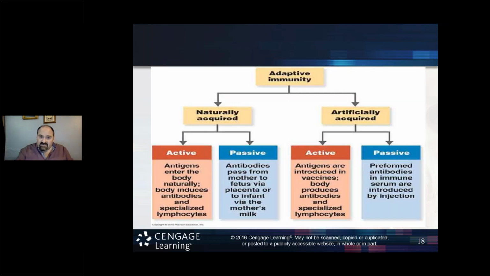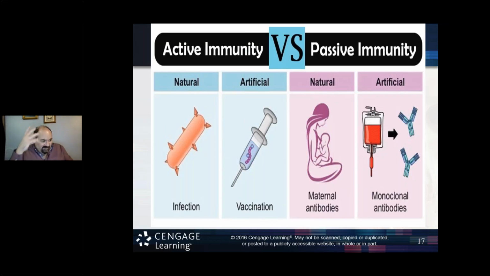So let's look at the examples. I think these next two slides will help you better picture it in your head. You'll see here active and passive. Passive, we're looking at breast milk, the placenta, a natural immune response, passive from mom. Passive artificial, we're looking at this blood product.